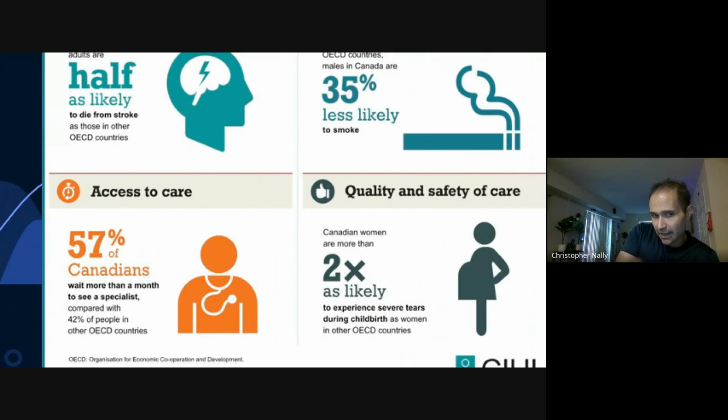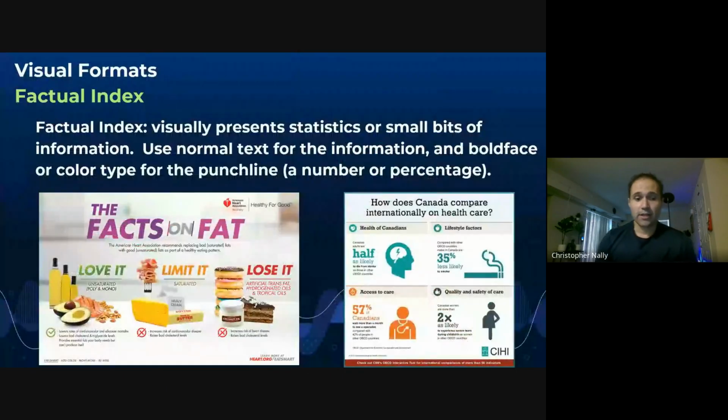Again, it's just emphasizing the most important parts of a data set or a piece of information so it's easier to grasp and analyze for the audience. They don't have a lot of time or they're just not interested. As a matter of fact, most of the examples that I've shown you for this presentation are factual indexes.